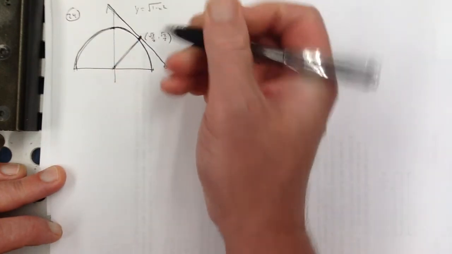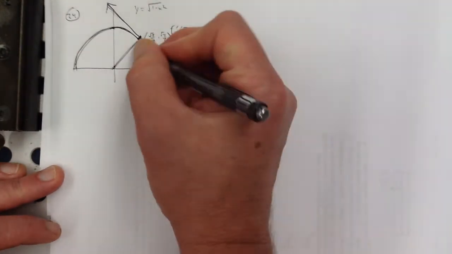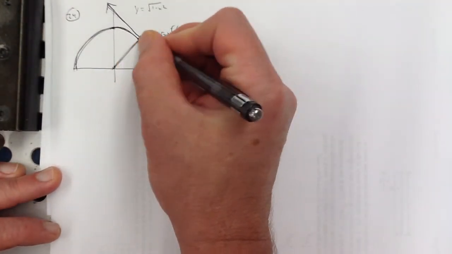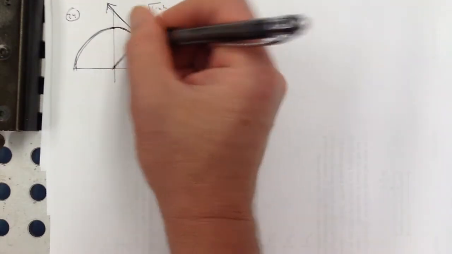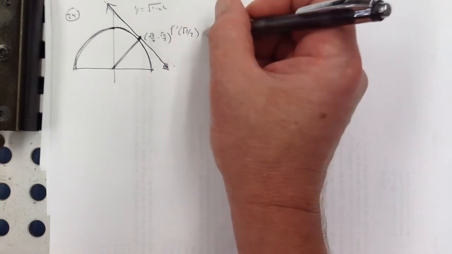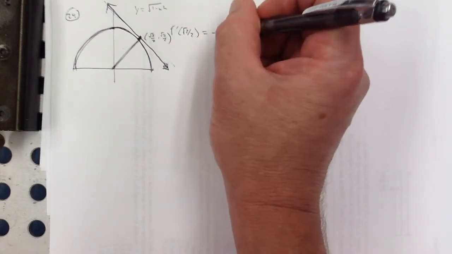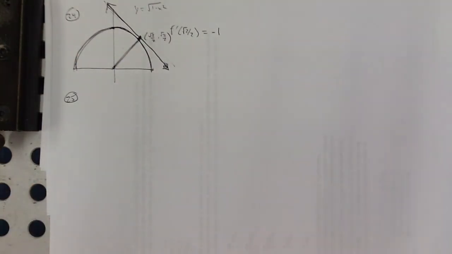Geometry fact. So what's the slope of a line at 45 degrees through the origin? The slope's 1, right? So then this perpendicular line would have a slope of negative 1. So f prime of square root of 2 over 2 is negative 1. The geometric argument is just realizing that's a circle and it's just a tangent line to a circle. That's all.